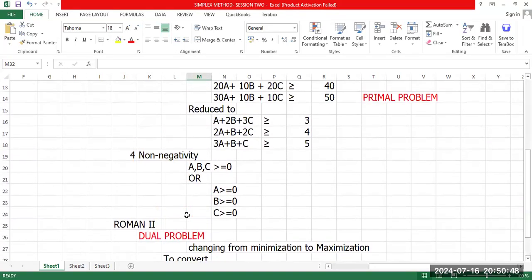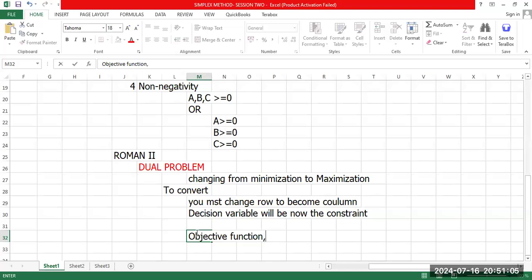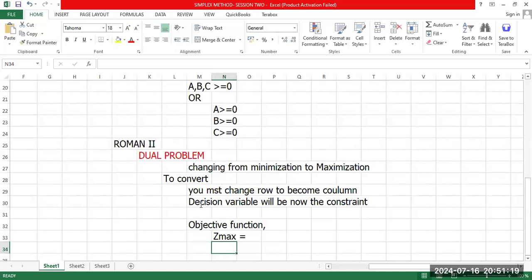What do I mean? Of course, we will need to again state a new objective function, and this time it will be to maximize. I can use the generator and say max. What was your decision variable will now be the constraint, and your constraint will be your decision variable.